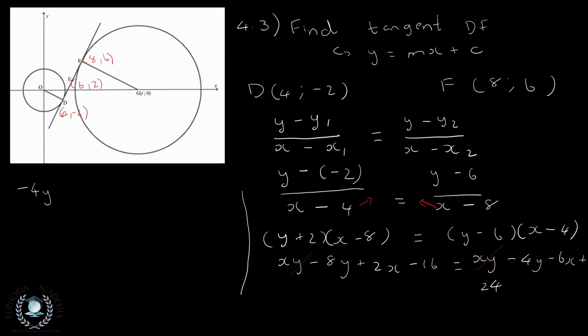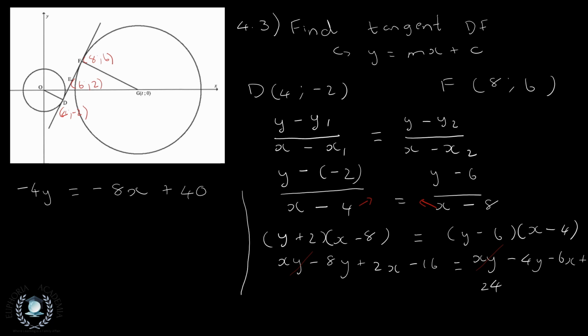Now we just have to take the x's and the constants to the right hand side. On the right hand side we have a minus 6x. If you subtract a minus 2x, you're going to be left with a minus 8x. And then if you add a 16 on the left hand side and you add a 16 on the right hand side, you're going to be left with a 40.